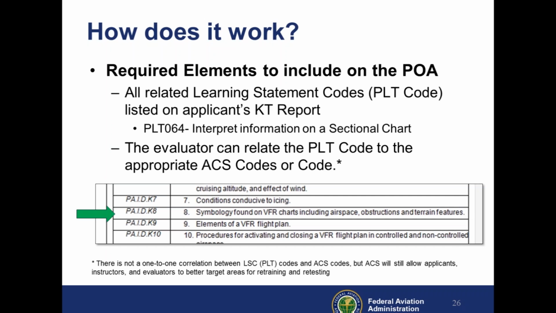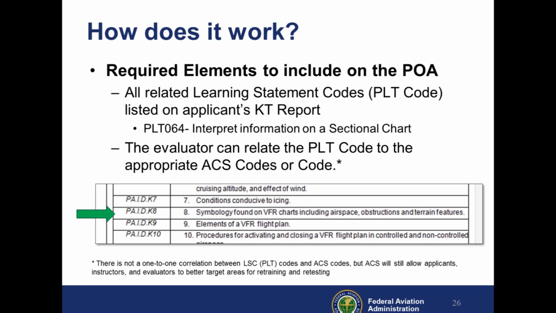I spent a few minutes looking at the ACS, and I found that there is a knowledge element, K8, symbology found on VFR charts, including airspace, obstructions, and terrain features. That is a really good match to your PLT code. It's not verbatim, not word for word, but we're looking for conceptual matches.